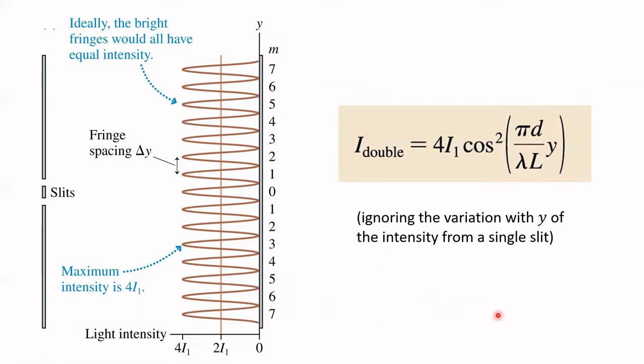So if you were back in high school algebra and you wanted to graph the relationship between two variables, think of intensity as being the vertical axis and the y-coordinate on the screen as being the horizontal axis. But now what we do is rotate that picture by 90 degrees to get this. So the intensity axis goes this way and the y-axis goes this way.